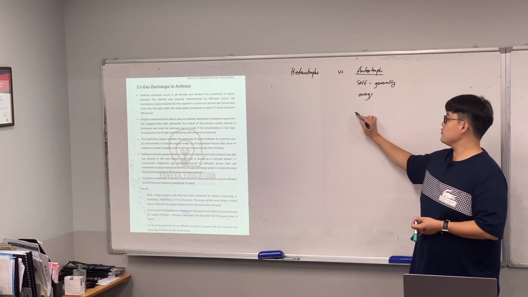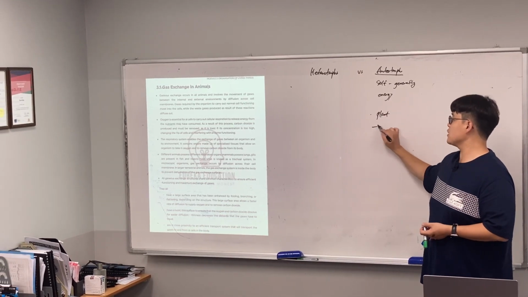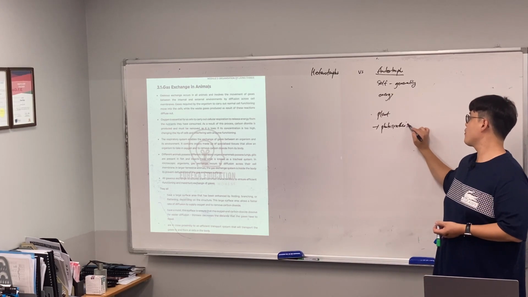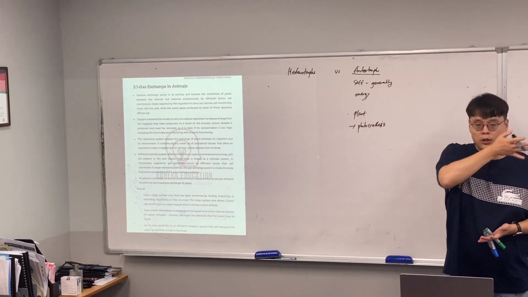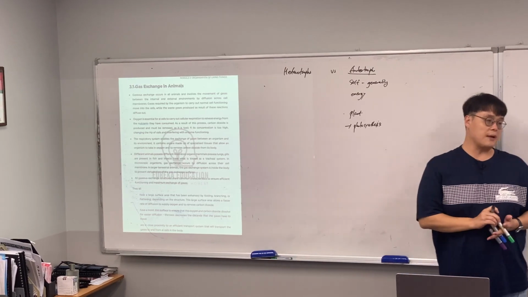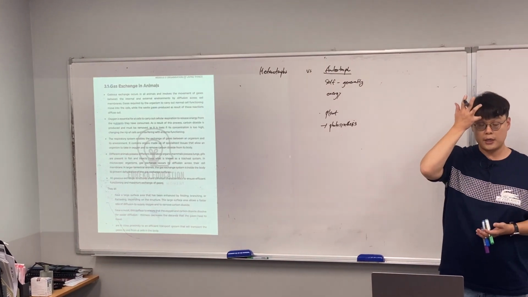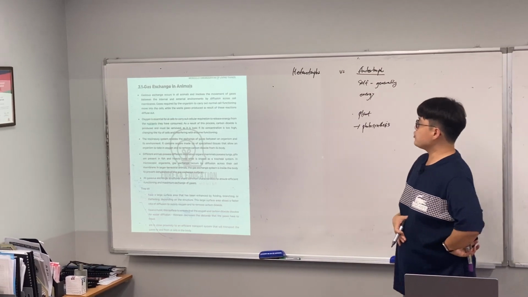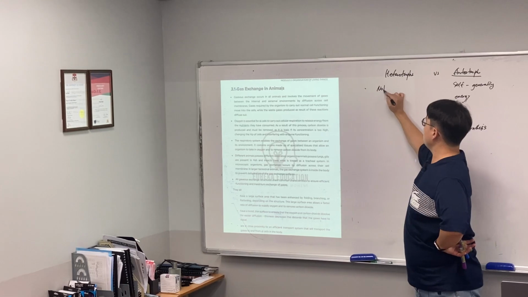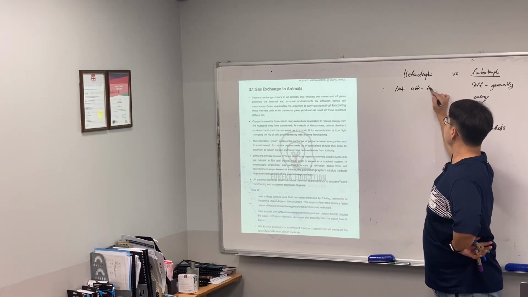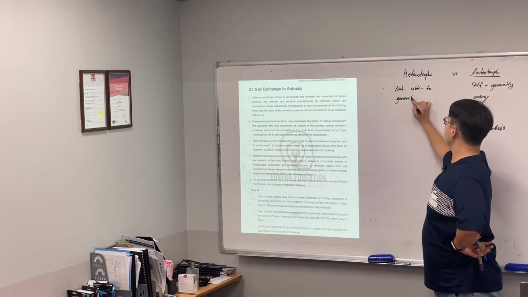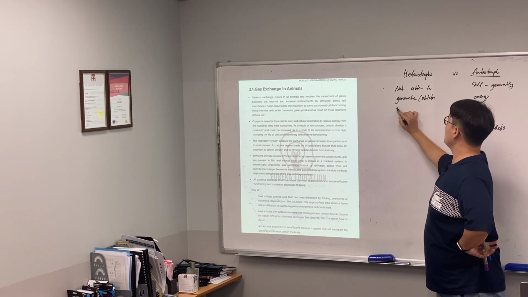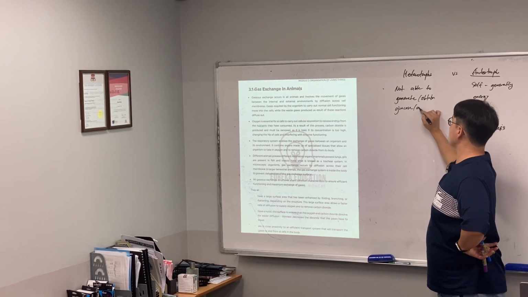I'm giving the example of plants using the what? Photosynthesis. By using photosynthesis, they can create glucose from CO2 and water. But heterotrophs are not able to generate or obtain glucose or the energy source.